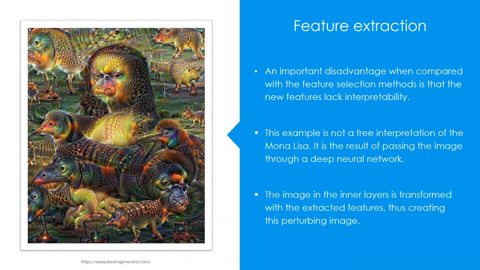My main point here is that when we are using feature extraction, we need to be aware that the new features can be difficult to interpret. And this is something that we need to bear in mind, because sometimes we need to solve data mining problems and we need to be able to explain the solution to the expert or the user we are working with.